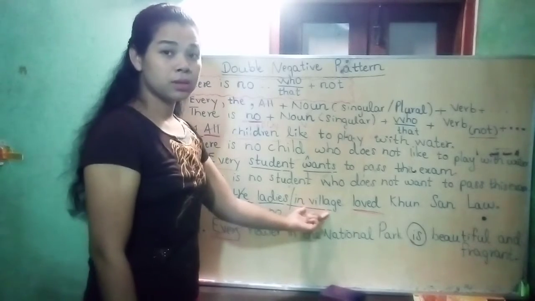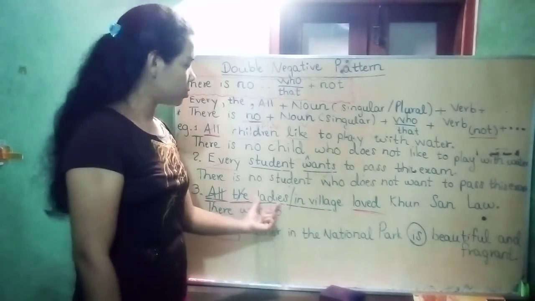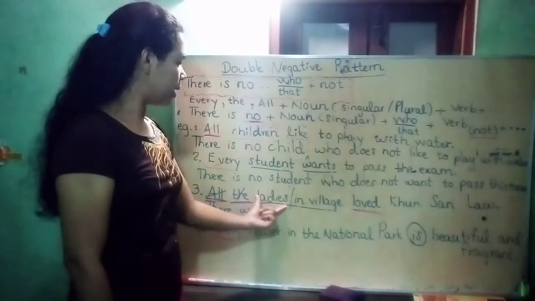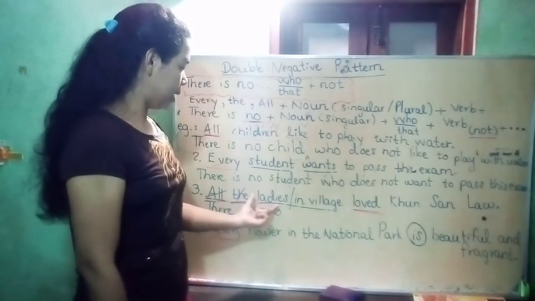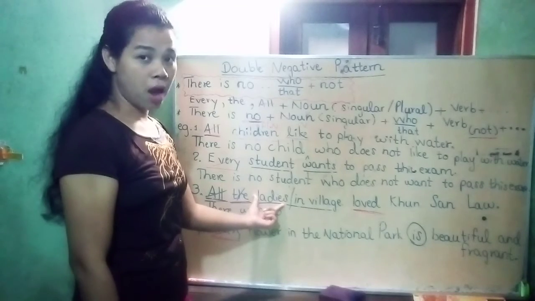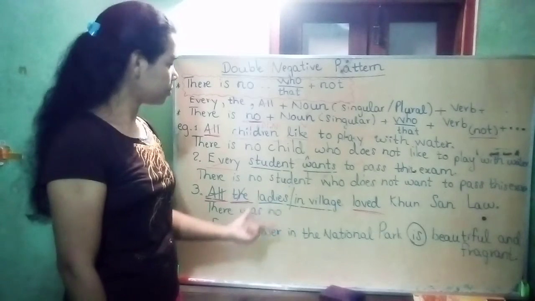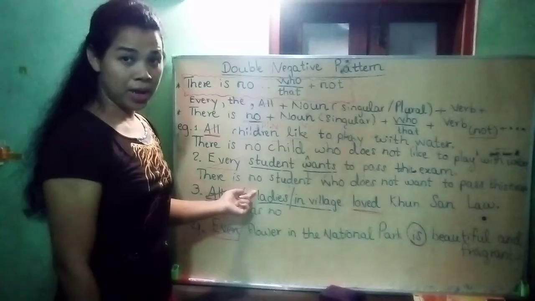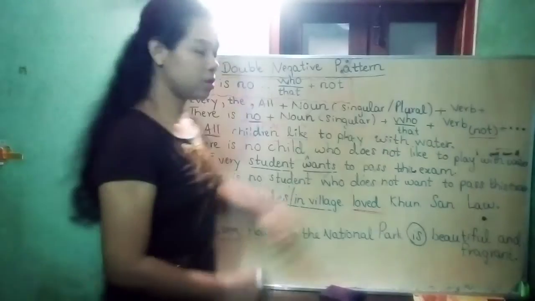In village is an adjective phrase. Ladies is a noun. So in village, an adjective phrase, modifies ladies, the noun. So in this phrase, ladies is the essential noun. So you need to focus on ladies in this phrase. Ladies is a kind of person, so who will be used as the conjunction.